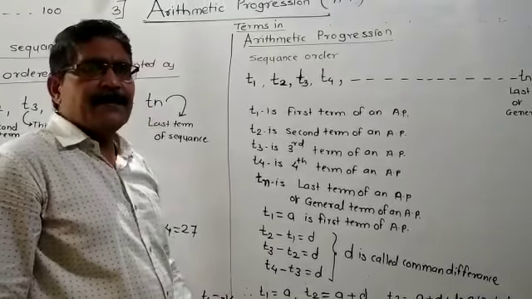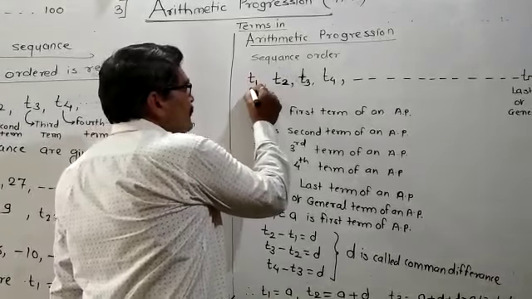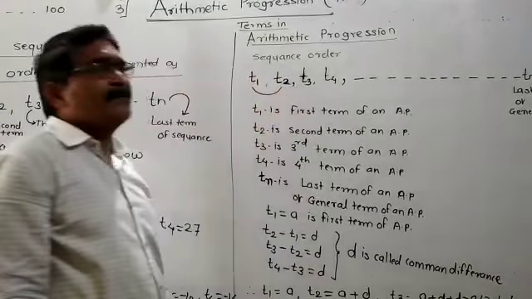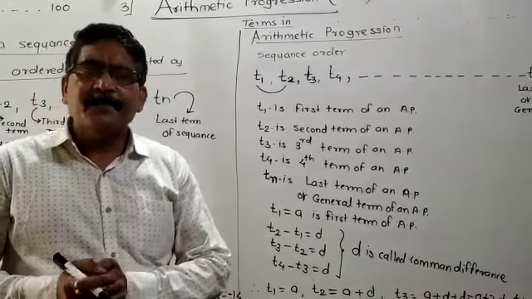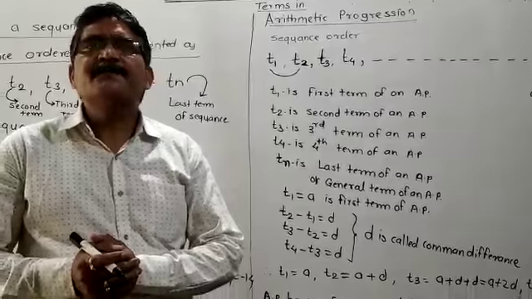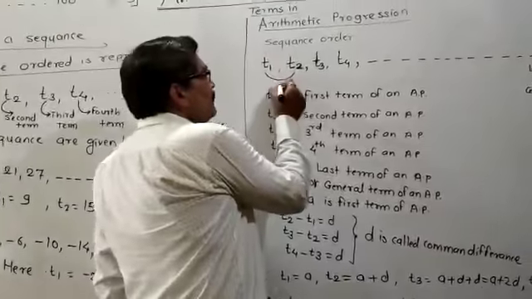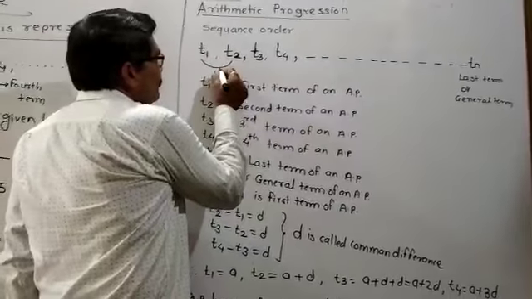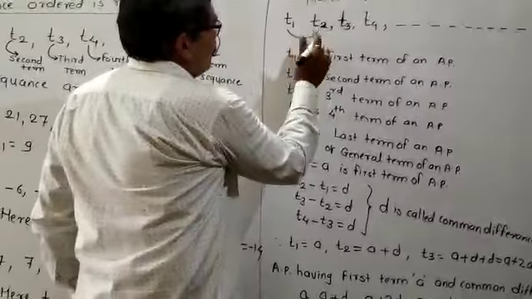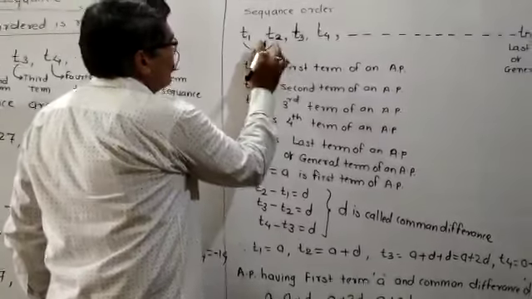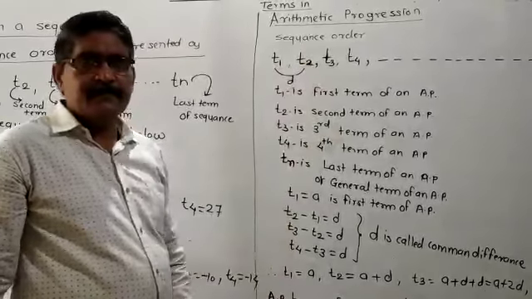Everybody understand? T1 is called the first term of the AP. And how will T2 come? I already explained the definition of the AP. Arithmetic progression means the difference between two consecutive terms is constant, and that difference is represented by small d. When you add d to T1, T2 will come.